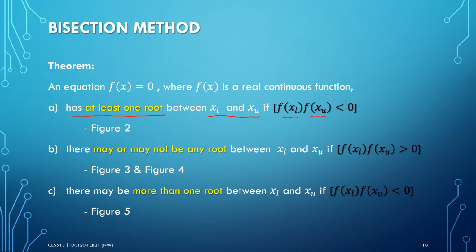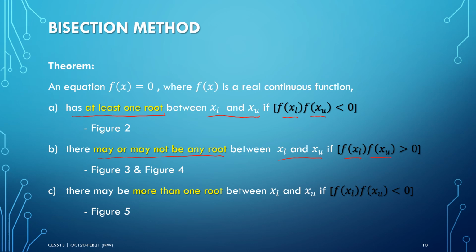And then B, there may or may not be any root between the lower bound and upper bound, or xl and xu, if the function of the lower bound multiplied by the function of the upper bound is greater than 0.